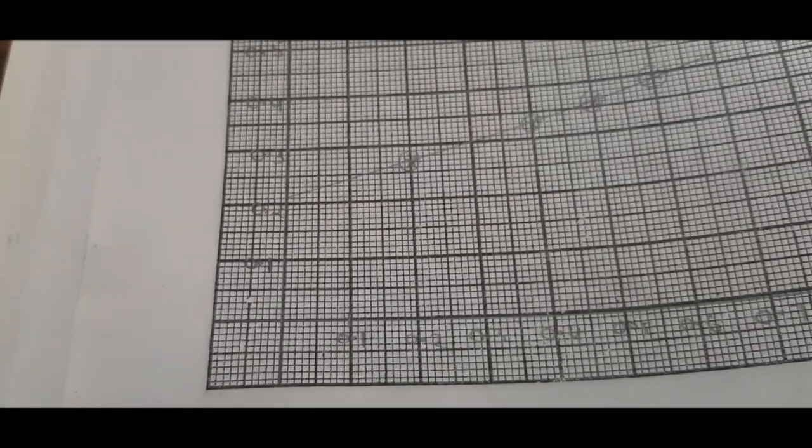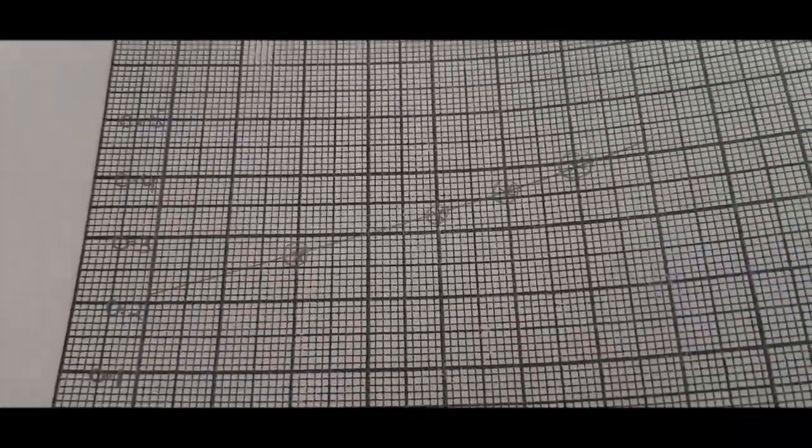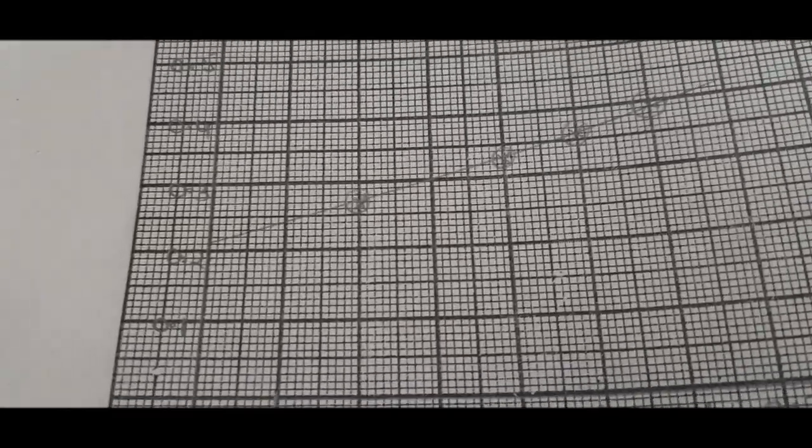When you join the points and extrapolate, it cuts the y-axis at a point. That point is taken as η_i, that is intrinsic viscosity. All the points may not coincide. If they do not, then we should make the maximum number of points coincide, and then find out η_i by the point where it cuts the y-axis.